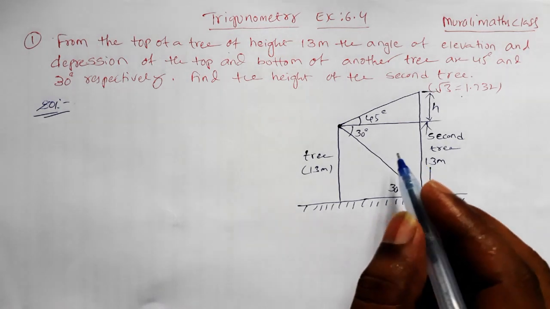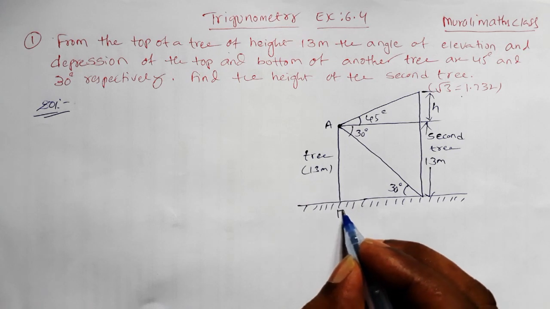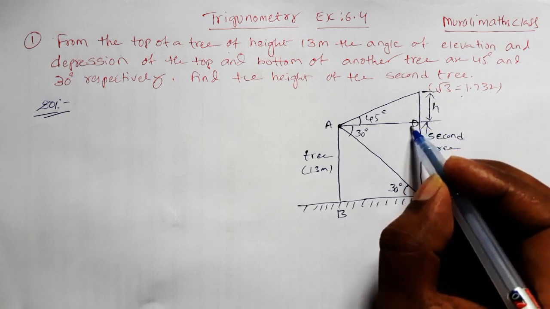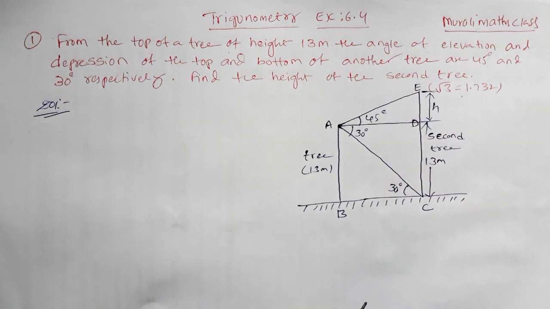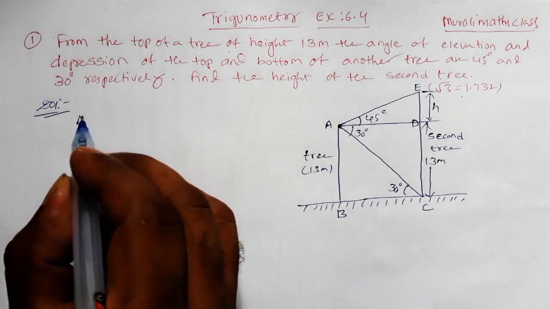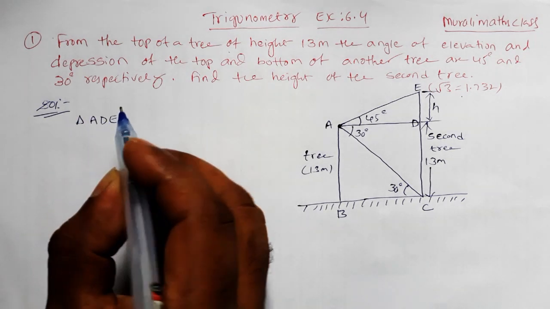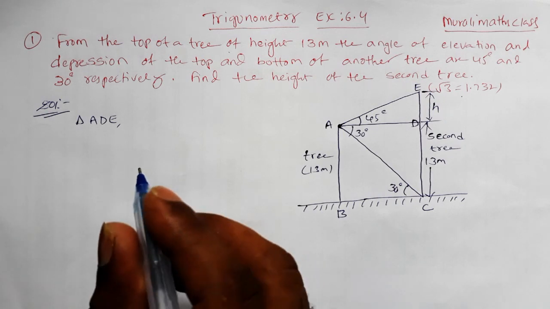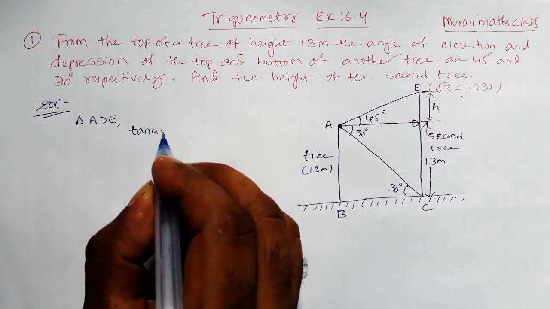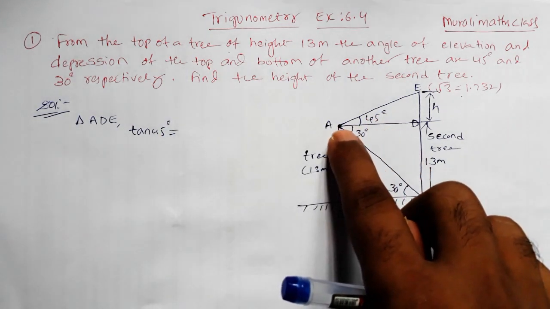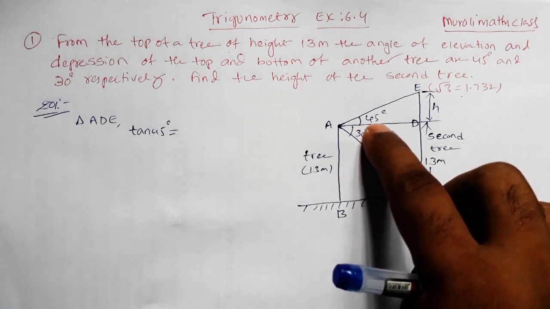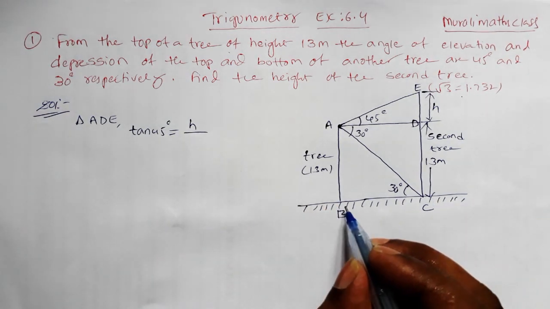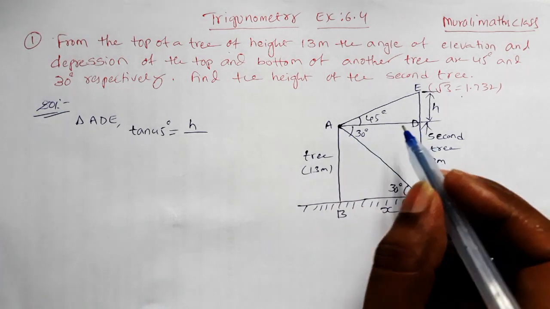Give the names for this: A, B, C. Let us mark here D, E. Now from triangle ADE, if you take triangle ADE, we can apply tan 45 equals opposite by adjacent. Opposite is H. Adjacent side we don't know, so let us mark BC as X. Then AD is also X only.